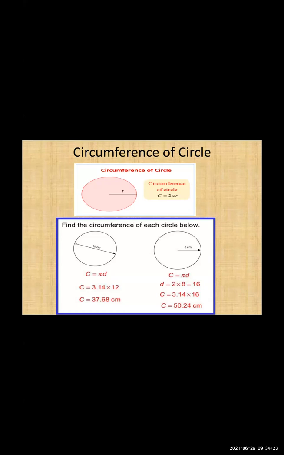Whenever you are finding the area, keep in mind that whatever the side unit is given, you have to use that unit there. So if it is meter, then square meter or meter square. If it is centimeter, then square centimeter or centimeter square. If millimeter, then square millimeter. If kilometer, then square kilometer or kilometer square.